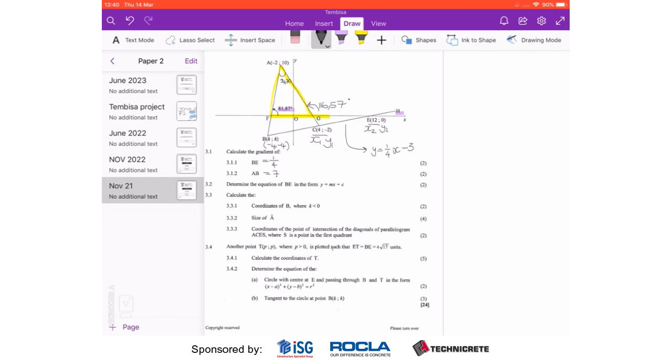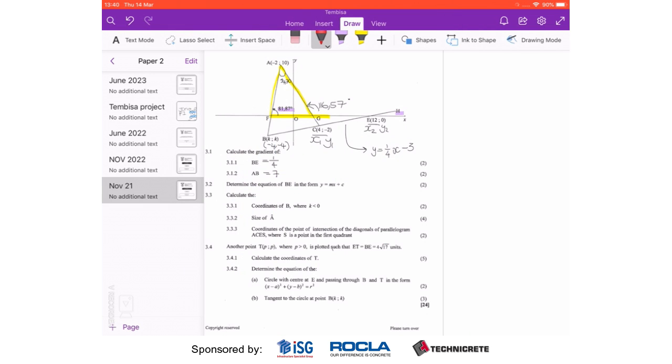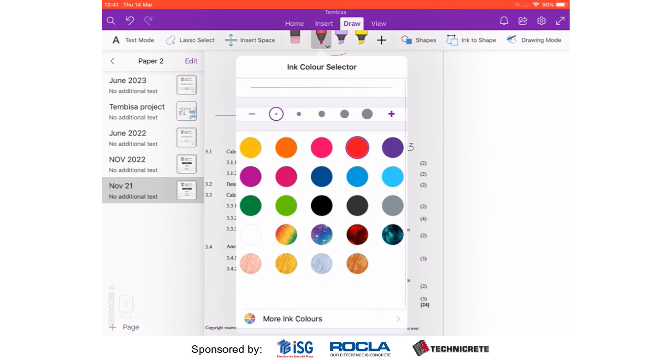So we are creating a parallelogram ACE, so here's E, we're going up, we're connecting, but they want the point of intersection. Okay. So if we were to calculate the point of intersection, what I would think we should do is we should find the midpoint of A and E.